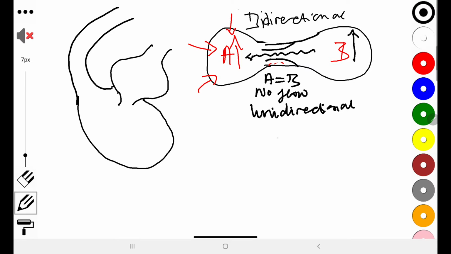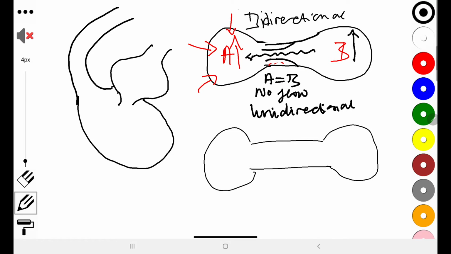So in this case, you could have the two chambers, A and B. Now, let's say it can only open towards B. Let me label them. The valve can only open towards B.